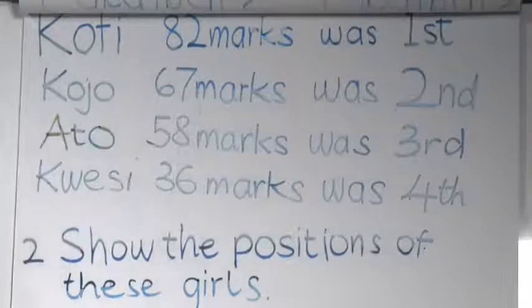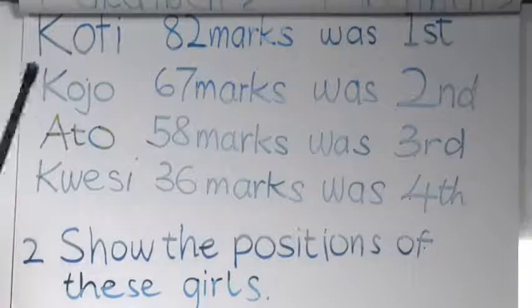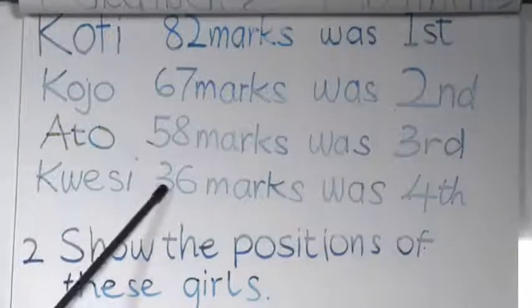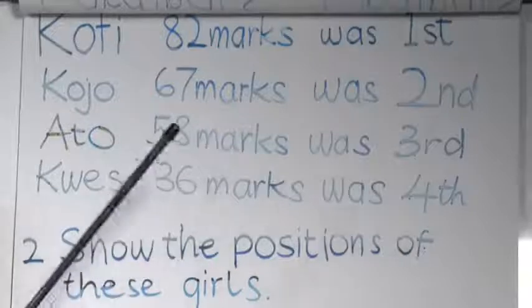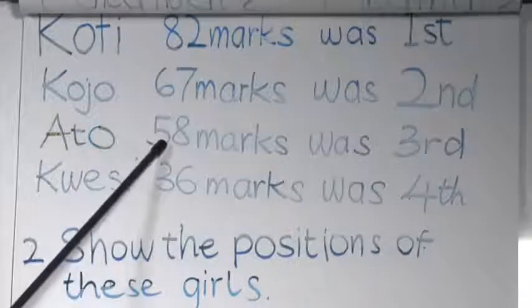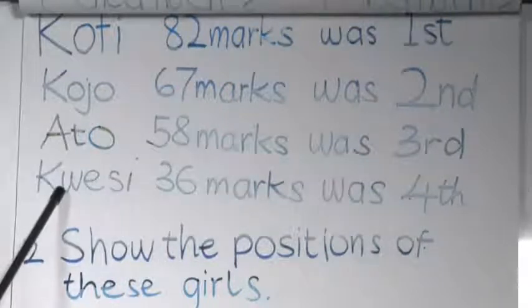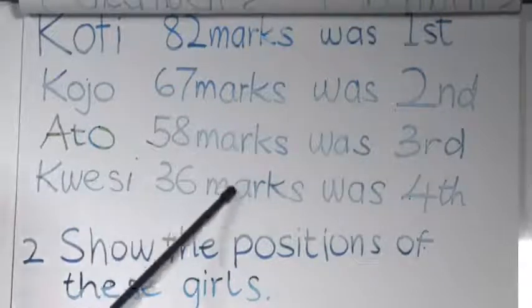The next bigger number, 58 and 36. Which is bigger? 58. So Ato had 58, and Kwesi had 36 marks.